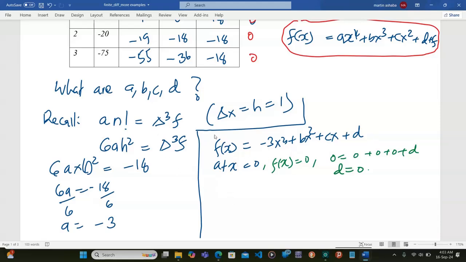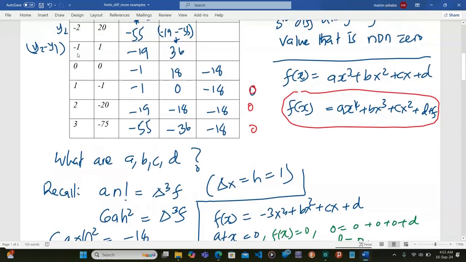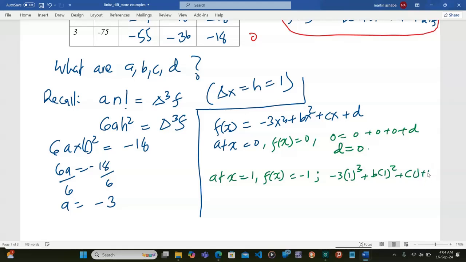So we are going to use negative 1 and 1, then 1 and negative 1. So at x equal to 1, f of x is equal to negative 1. And therefore, if we substitute in here, it's going to be negative 3 into 1 to the power 3, plus b times 1 squared, plus c into 1, plus d, which is 0.